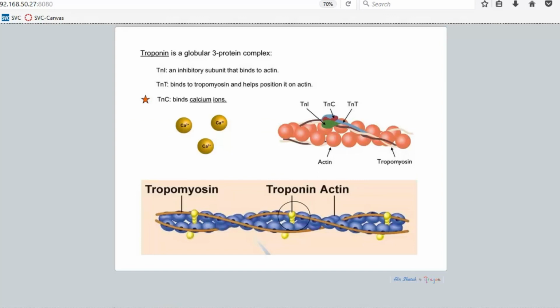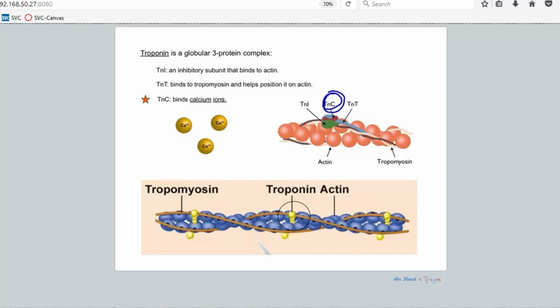Lastly, the last thing that I want to talk about here on these actin filaments are called troponin molecules. And these little yellow spheres here are troponin molecules. There's 3 of them, and these are the 3 that are represented: TNI, TNC, and TNT. And there's only one of these that I want you to be concerned about, and that's this TNC one.